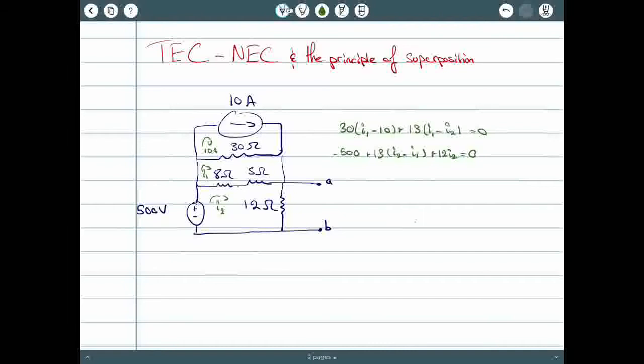If we are to solve these mesh current equations, I'm gonna take out my calculator and start solving them.